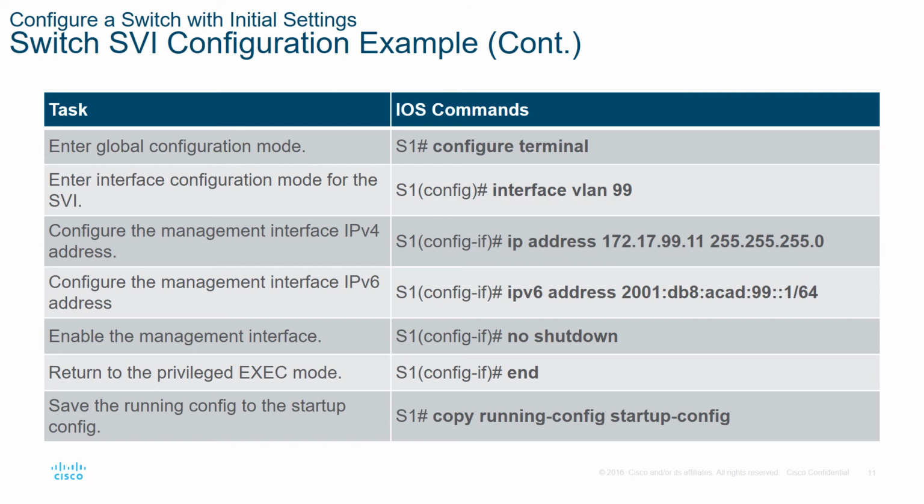In the same way, if you are going to use IPv6 addressing in your network and want to assign an IPv6 address to this management VLAN interface, you use the command ipv6 address followed by the IPv6 address. In this example, the IPv6 address is 2001:db8:acad:99::1/64. So in this example, we have assigned an IPv4 address as well as an IPv6 address to interface VLAN 99.